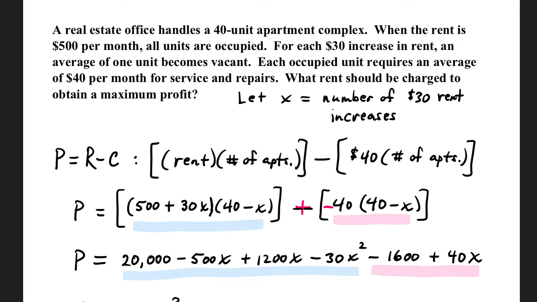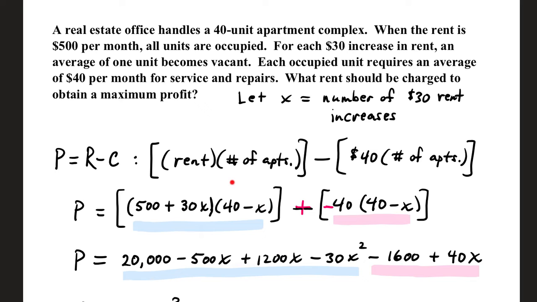Subtracting, now remember, what I'm going to do is change this to a plus sign and move the negative inside, and that way when we distribute, it's a little easier to keep up with the negative. So FOIL: 500 times 40, that's 20,000. Outer, that's negative 500x. Inside is 1200x.